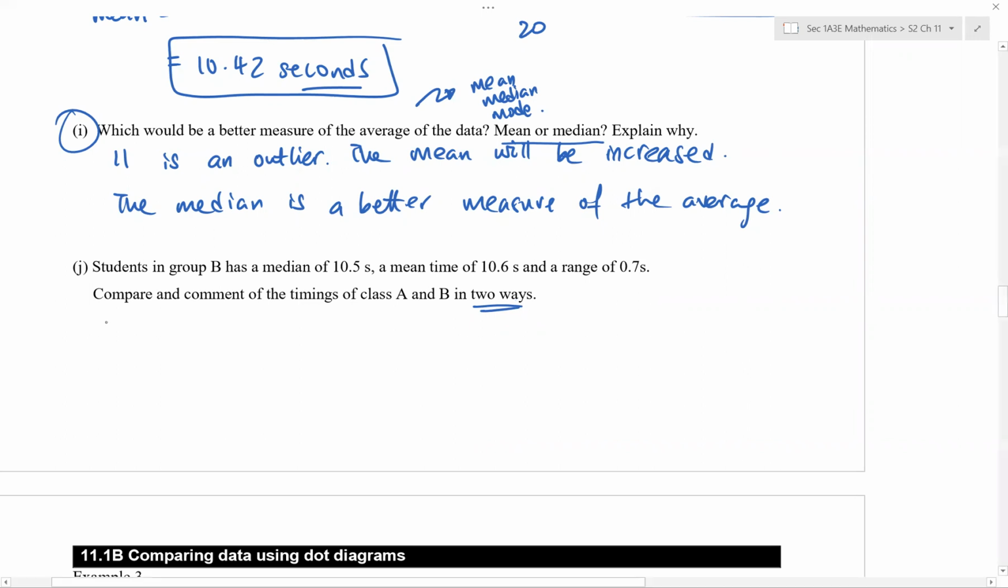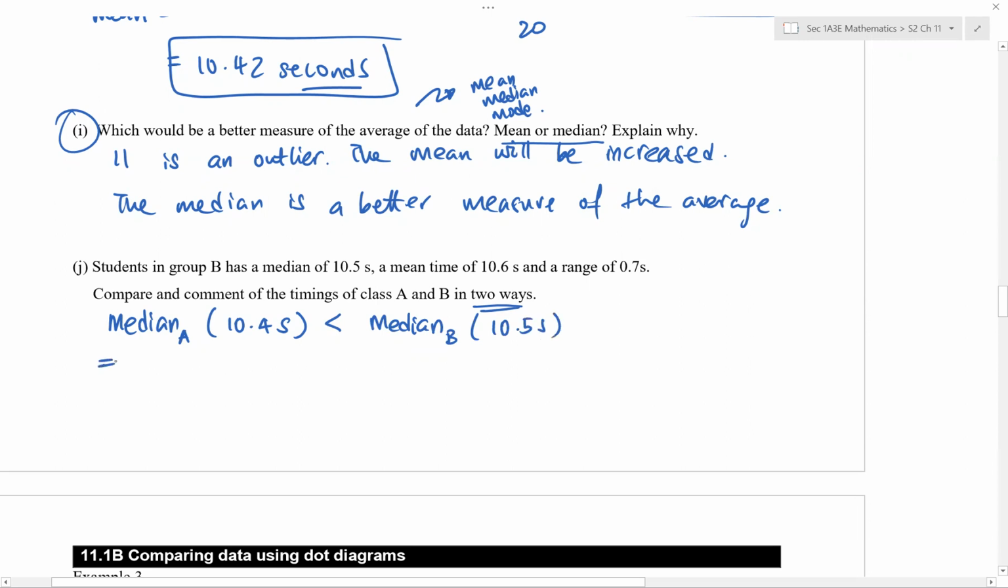So we write down: median of group A, which is 10.4 seconds, is lower than the median of group B, which is 10.5 seconds.